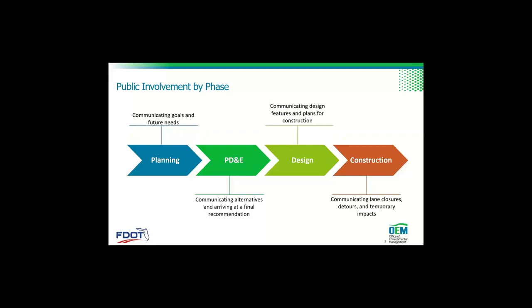In design, we're talking about specific design features and plans for construction. Construction is more one-way communication: lane closures, detours, temporary impacts. Although during construction, we sometimes do communicate with folks on the ground, the business owners and people impacted by our construction process.